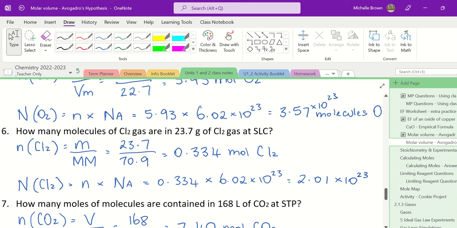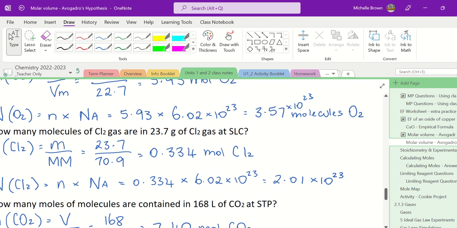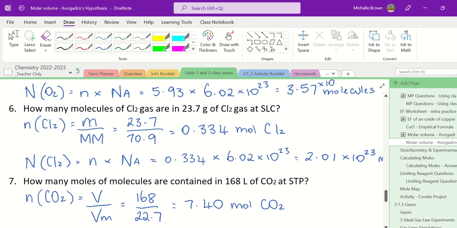So we don't even need molar volume to solve this particular question. So find your number of moles given your mass first, and then calculate your number of molecules. And we have 2.01 times 10 to the 23 molecules of chlorine present in 23.7 grams of chlorine.